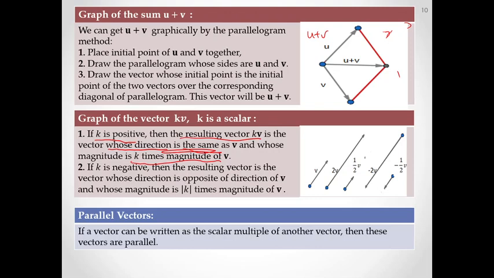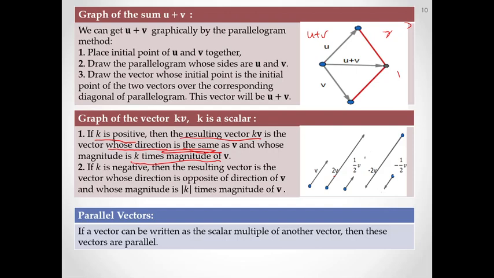So if you have v and 2v, they are in the same direction, but the length is doubled. And if it's 1/2 v, it will not change the direction, but it will make it half of v. You see, we have two pieces here, and this is one piece, in terms of length.